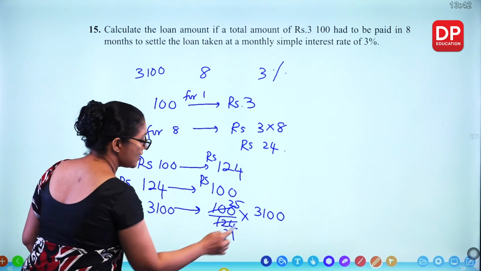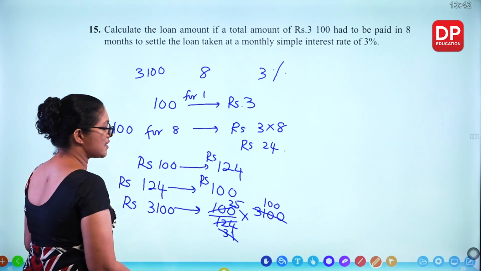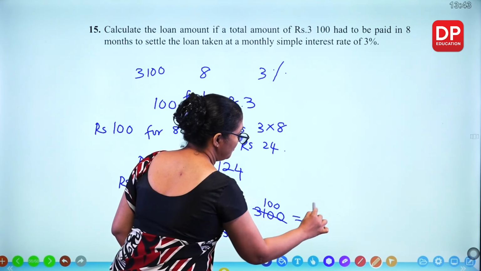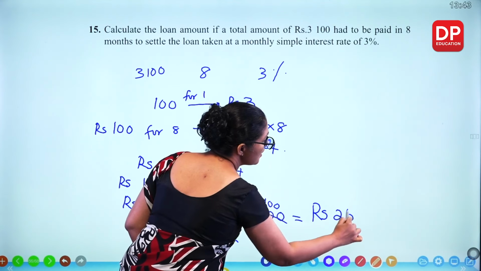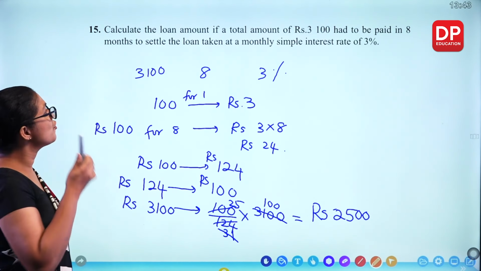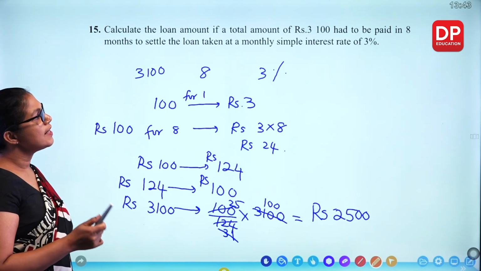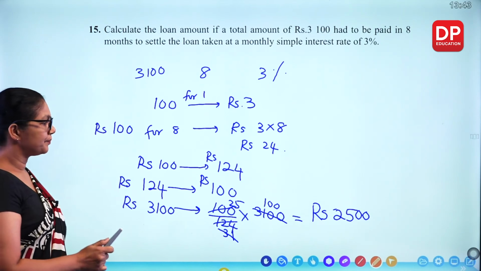Now 31 and 3,100, this is 100. 25 times 100, the value is 2,500. So you need to borrow 2,500 rupees to pay 3,100 rupees in 8 months.